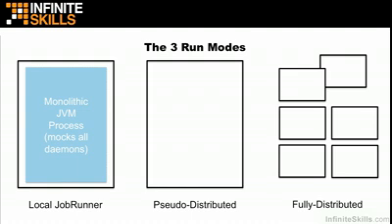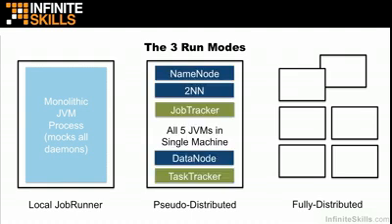In local job runner mode, we have a single JVM. Inside of this single monolithic JVM, we essentially create mock versions of all the daemons we'd expect, and we interact with them as though they were real independent JVMs. Local job runner, though, is just, again, a single monolithic process that shares all the heap and all the variables inside of a single JVM.